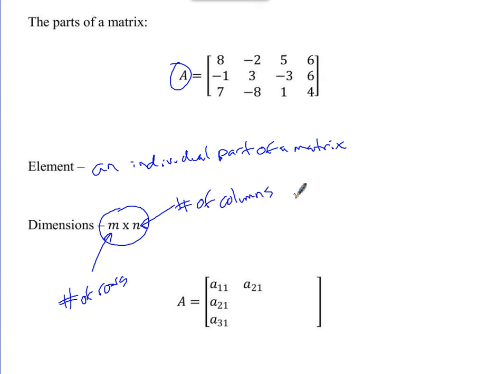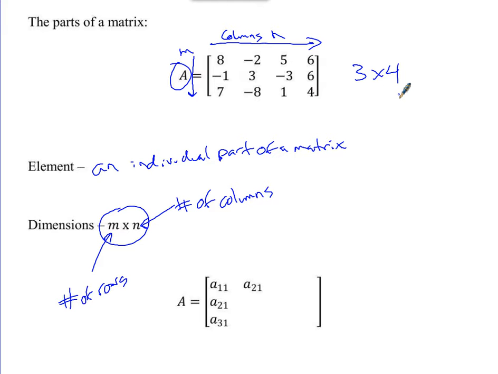So basically you count the number of rows. That's m. How many rows are there? 3. The number of columns, n. How many columns do we have? So 4 columns, which makes this a 3 by 4 matrix.